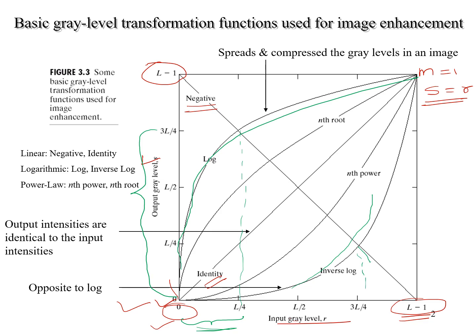The input range 0 to 3L by 4 is assigned to a smaller output range, 0 to L by 4. So the brighter image becomes darker. The effect of inverse log will be exactly opposite to log. And the third one is power law, which we'll see later.